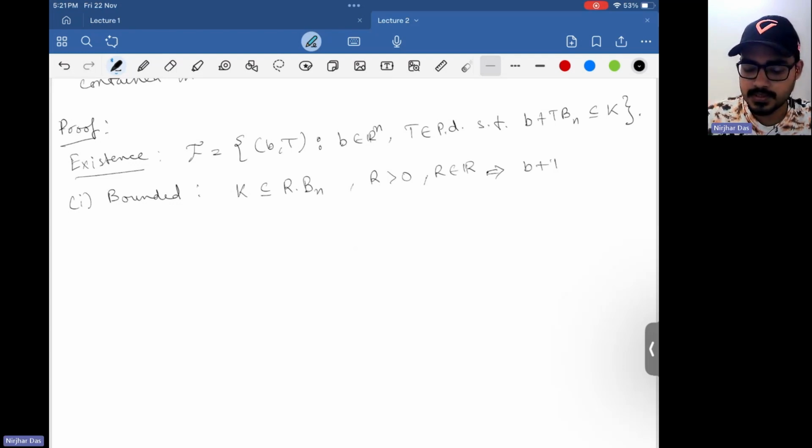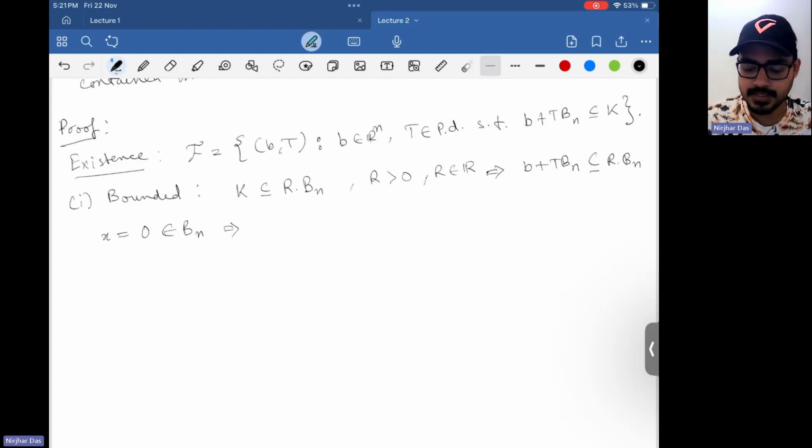Therefore, B plus T of Bn is contained in R of Bn. Particularly, note that on the left-hand side we have B plus T of Bn, and x equals 0 is a part of Bn, since the ball contains the origin.